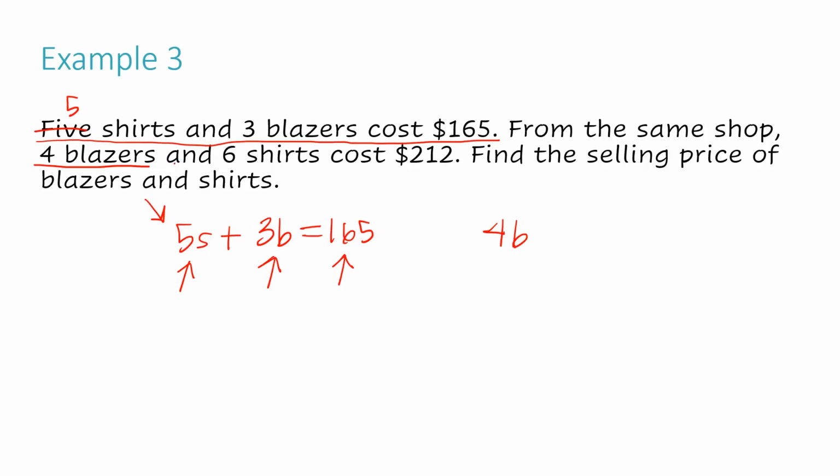Okay, and 6 shirts. What did I do the first time? I basically did the same thing, a number and a letter. And means plus. 6 shirts cost $212 equals $212. See, that really wasn't that bad.